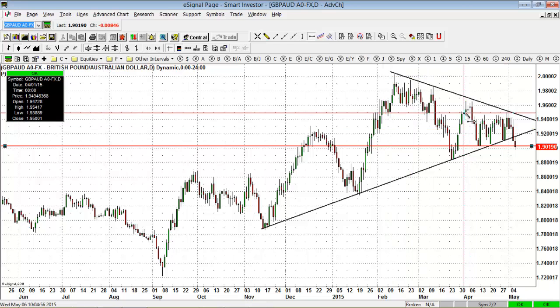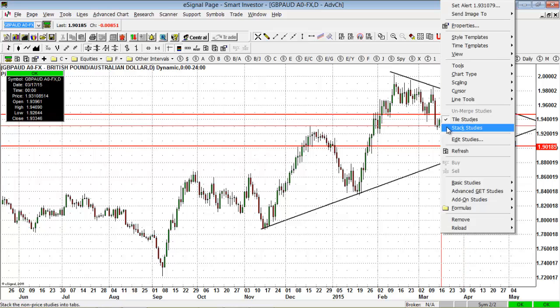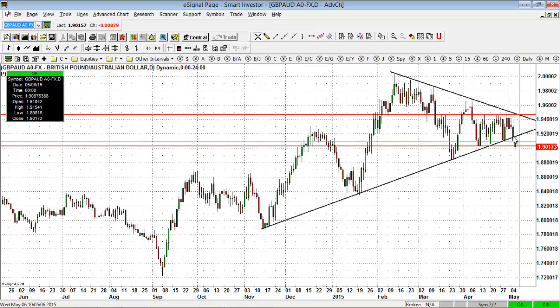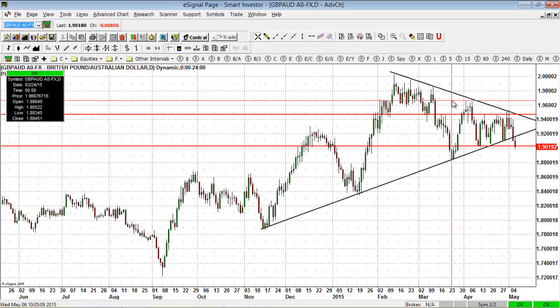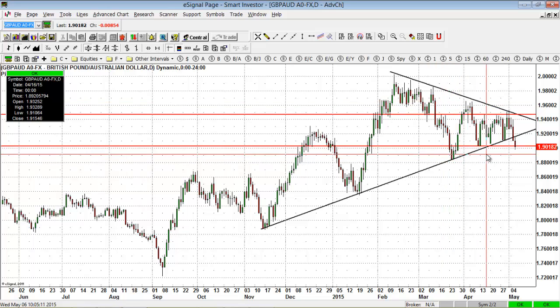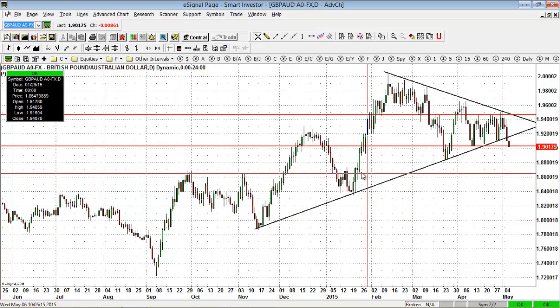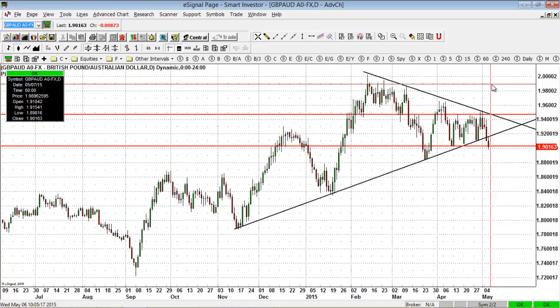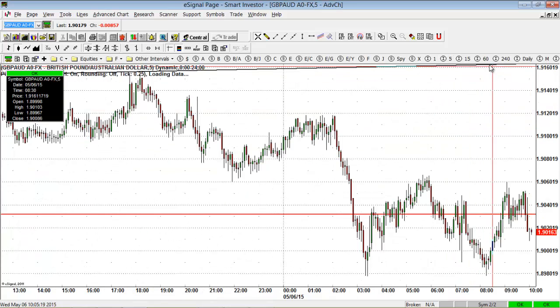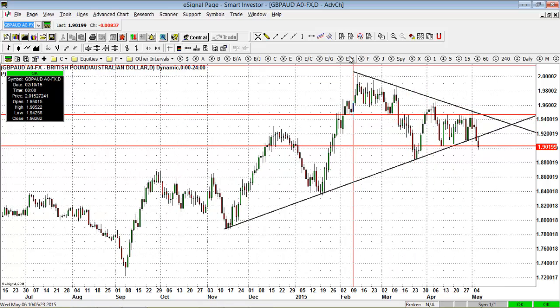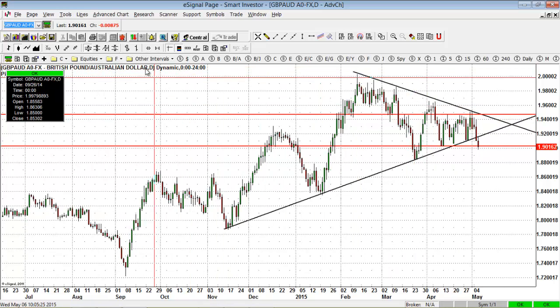So we want to see definitely this market close below the swing low of 90.29. We want to see the market close below 90.29 and then possibly close below this 88 level. That will definitely signify that this triangle has been broken out. Okay, so that's the British pound Australian dollar pair.